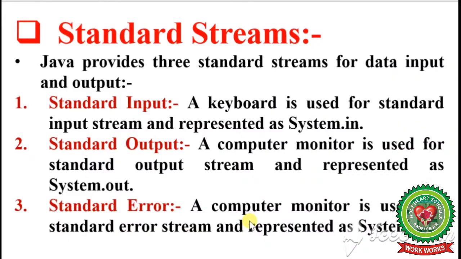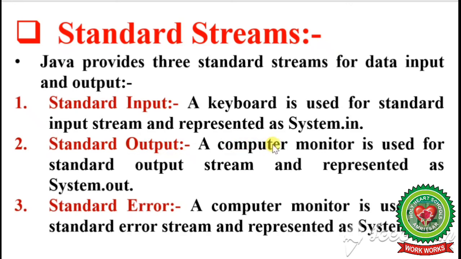The next topic is standard streams. Java provides 3 standard streams for data input and output. Number 1, standard input. A keyboard is used for the standard input stream and is represented as System.in. Number 2, standard output.